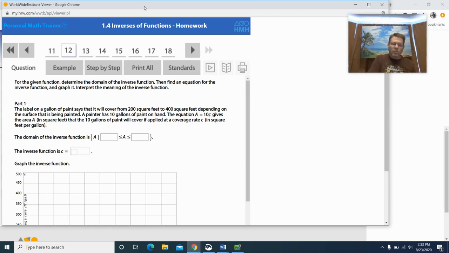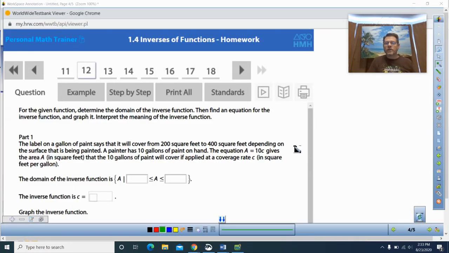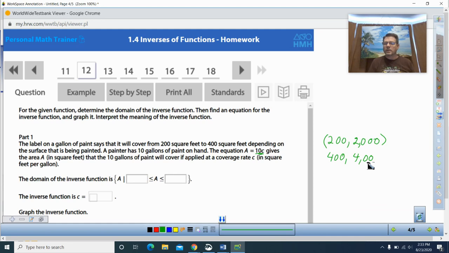Okay, so your endpoints for this original function are going to be 200 comma 2,000, right? That is your original, and then you're going to have 400 and 4,000 because it's just multiplied times 10, right? So this is what goes with your original function.